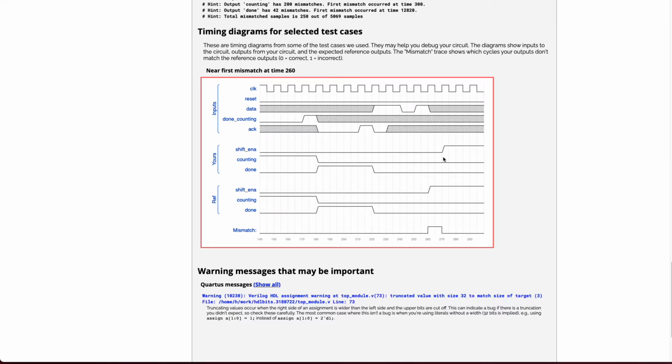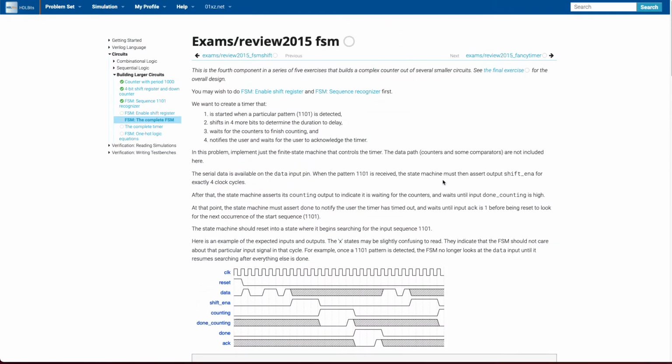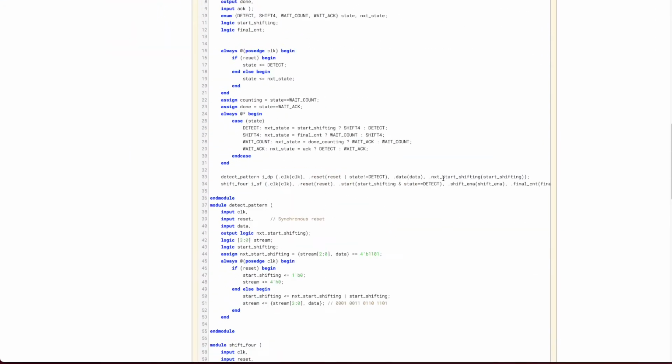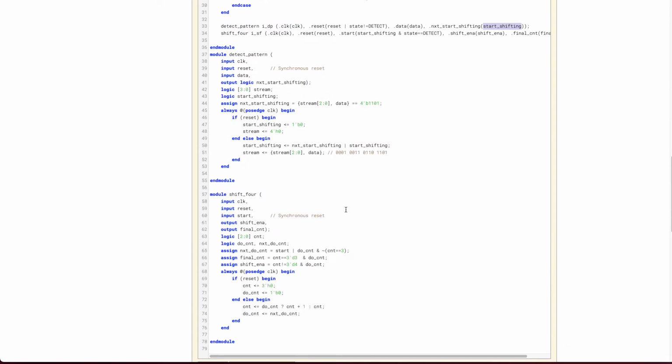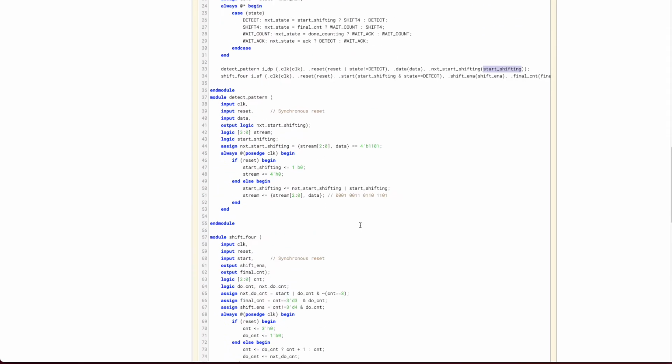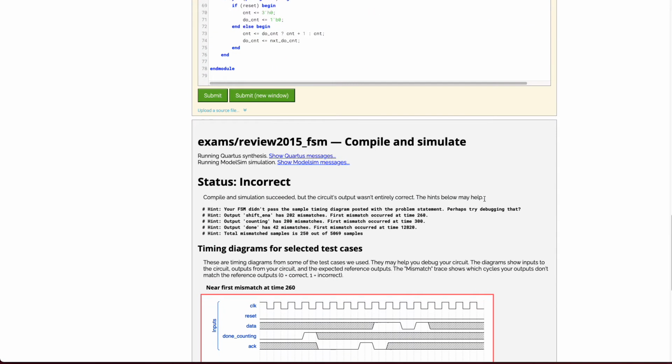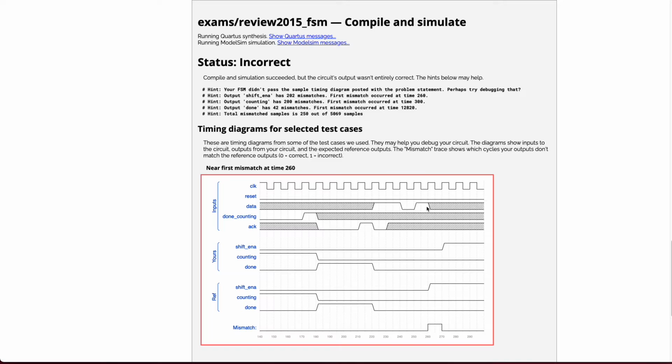Okay, so here it's saying the shift enables one cycle too late. So here's 1101 detection.